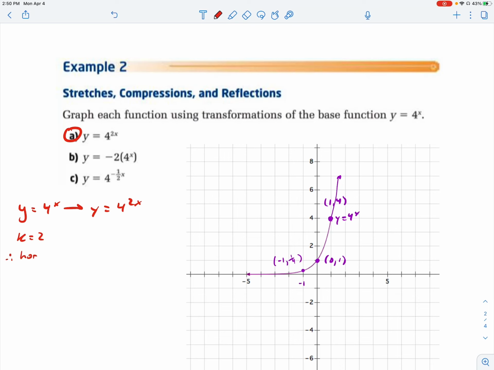Therefore, we have a horizontal compression by factor 1 over k. So k is 2, so it's by factor a half. I use the word compression because the factor is 1/2.